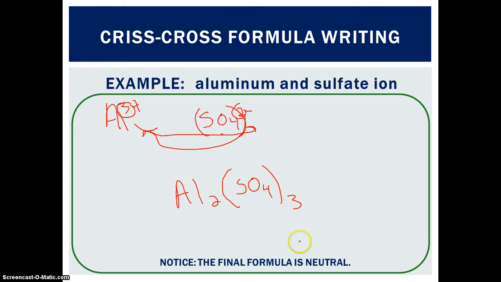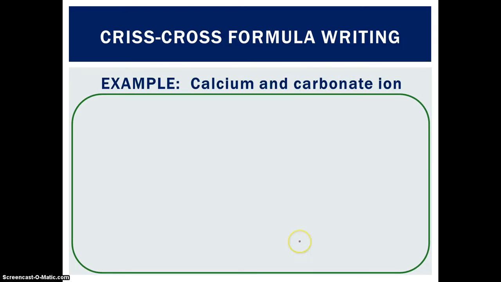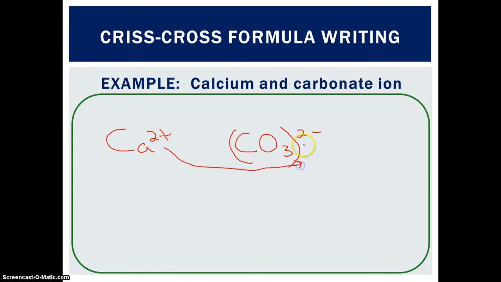Let's do another one. Calcium, 2+. Carbonate, ATE, helps you notice that it's a polyatomic ion. I look on the back of my sheet. I find the carbonate ion to be this. I'm going to put it in parentheses so I know I don't break it up. And when I swap and drop, 2 goes down, 2 goes down, I end up with Ca in parentheses CO3, and both of them have a 2 as a subscript.